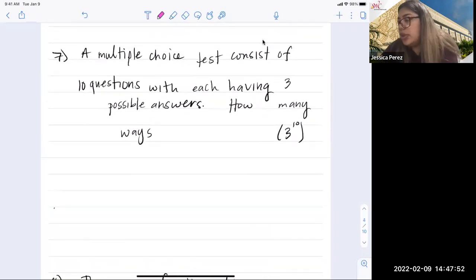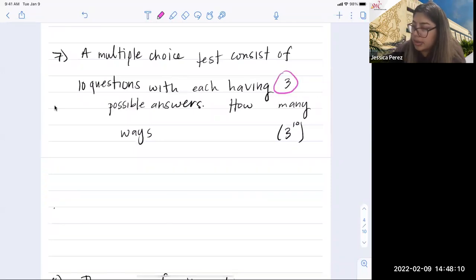A multiple choice test consists of 10 questions with each having 3 possible answers. How many ways in total can you mark your answers? Well, you have 3 possible answers, 10 questions.